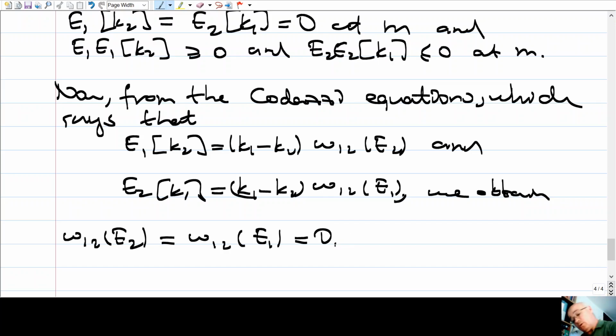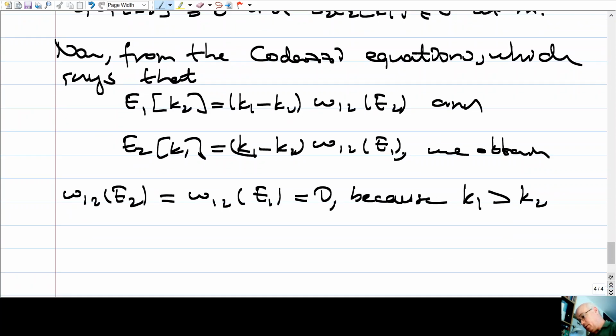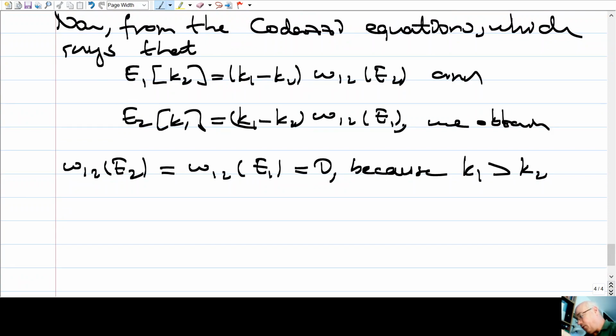Okay, because K1 is larger than K2, so that the difference is not 0. Now here I will use the fact proved in the exercises. I will leave it as an exercise to you.